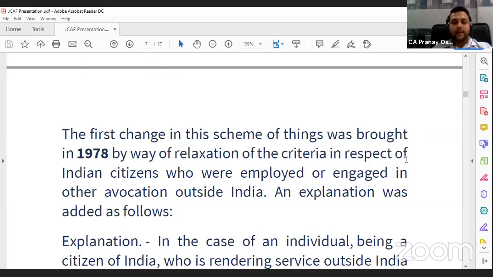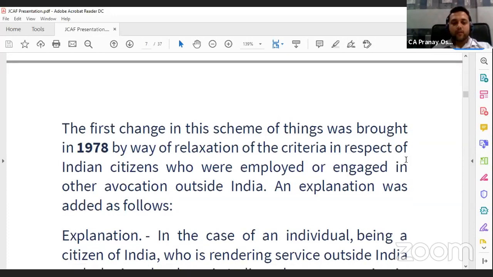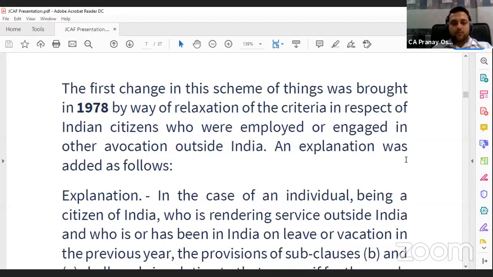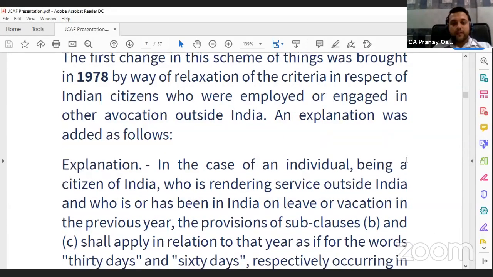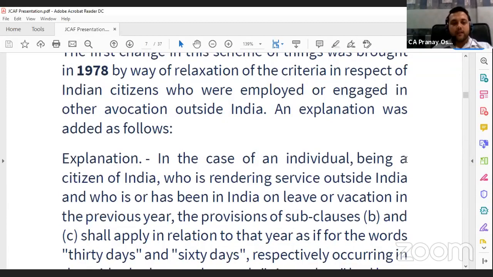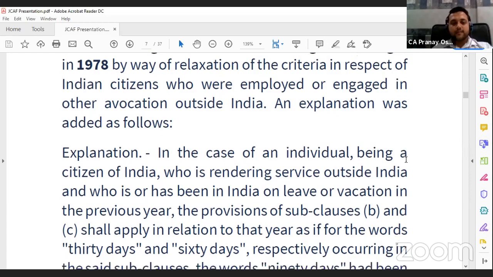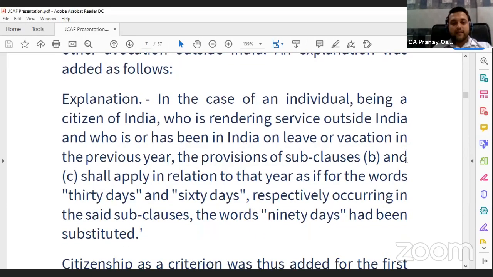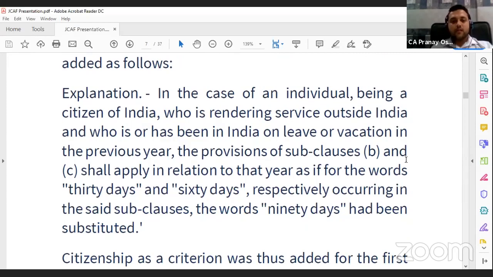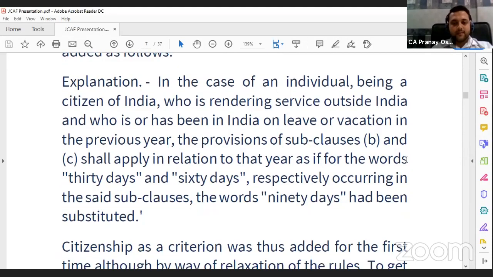The explanation is as follows: in the case of an individual being a citizen of India who is rendering services outside India and who is or has been in India on leave or vacation in the previous year, the provisions of subclauses B and C shall, in relation to that year, apply as if for the words 30 days and 60 days respectively occurring in the said subclauses, the words 90 days had been substituted.